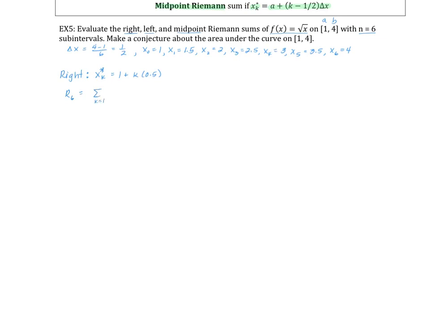The sum from k equals 1 to our n, which is 6, of f of our x star, which is 1 plus, I think I want to put the 0.5 in front of the k because it bugs me to have a number after a variable. And then we're going to multiply that by delta x, which is 0.5. So we can use this summation to compute these approximations of areas using Riemann sums.